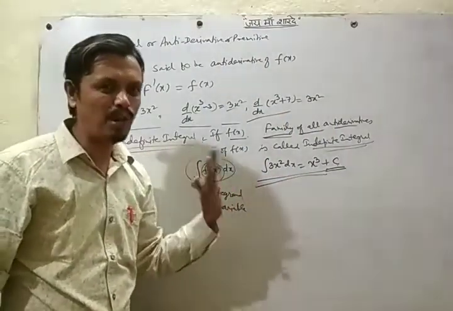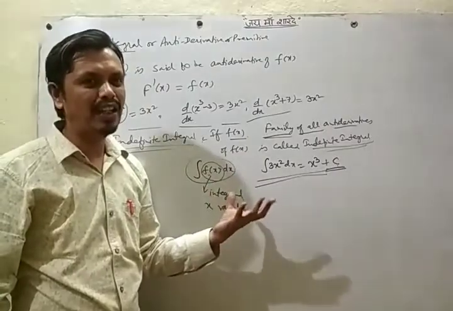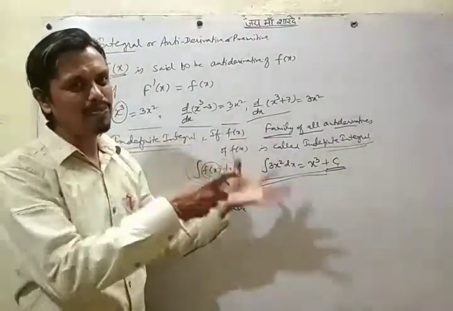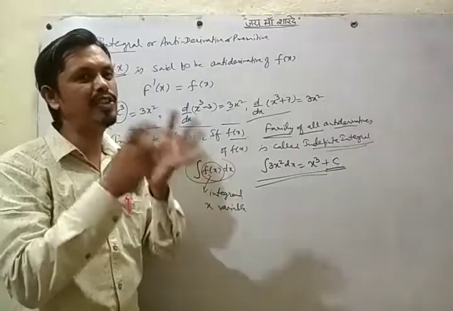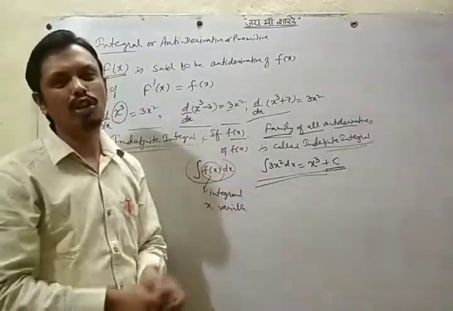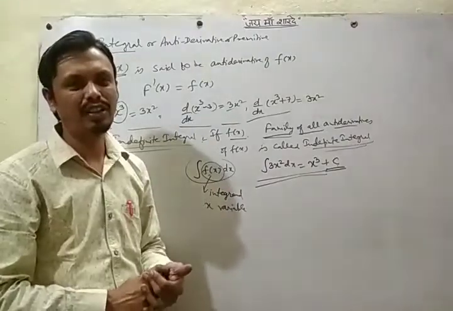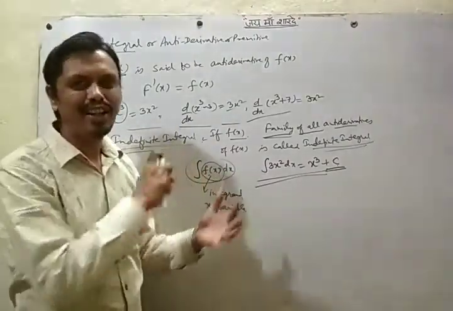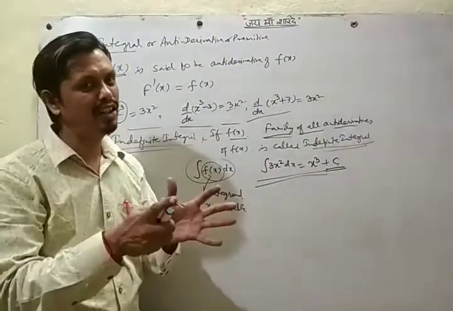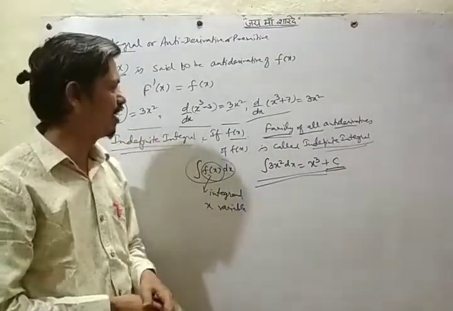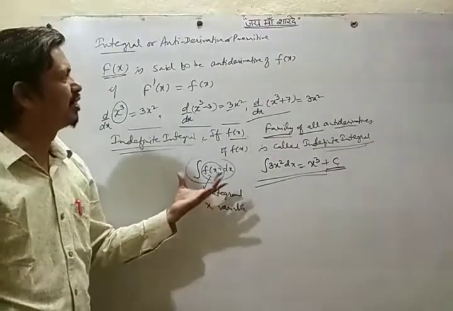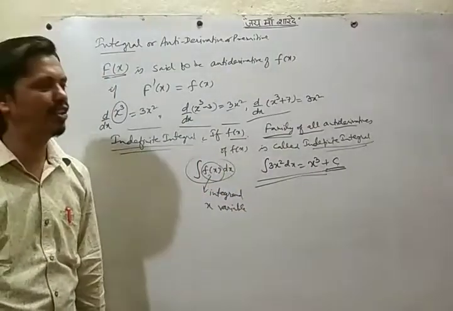But this is a very important chapter topic, and it is not easier than differentiation. If differentiation is clear, then only we can solve problems based on integration. Integration is tougher than differentiation. Okay? Just note this, then we will see some important formulae.